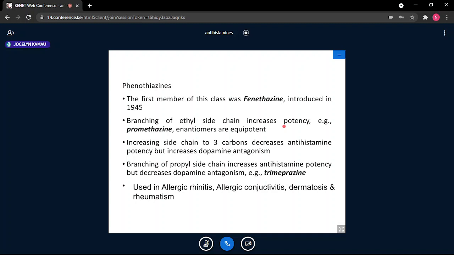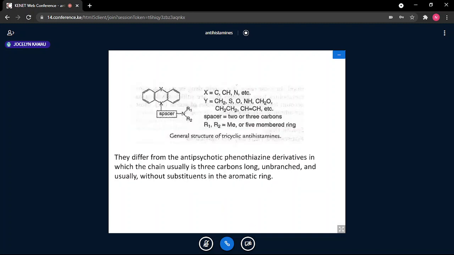The ones with dopamine activity are the ones which are used as antipsychotics. So trimeprazine has 3 carbon atoms, which decreases activity, and increased activity by branching, and therefore that drug can have antihistamine activity. They are used in allergic rhinitis, allergic conjunctivitis, dermatosis, and rheumatism. So again, they are used as anti-allergic drugs.